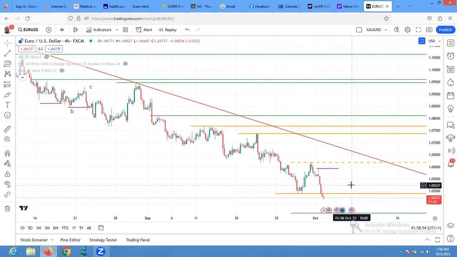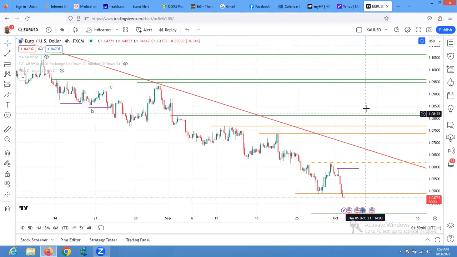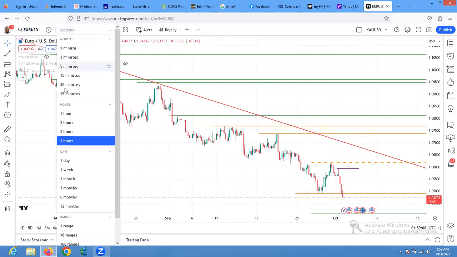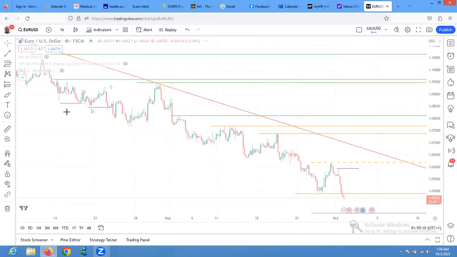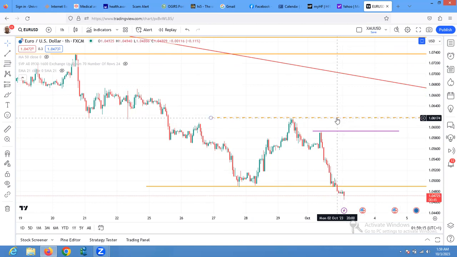The same thing you will expect if this is a 4, it should not go beyond 161.8. So either scenario may play out in this case. We are going to see where 161.8 should be.